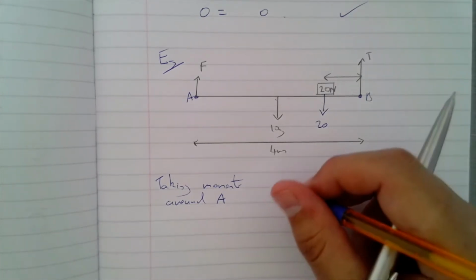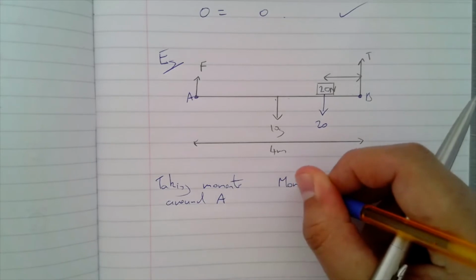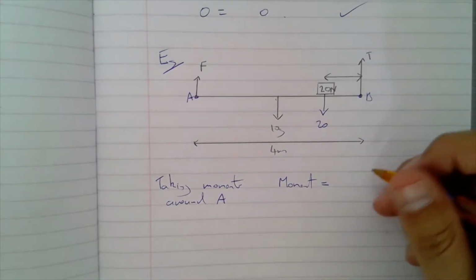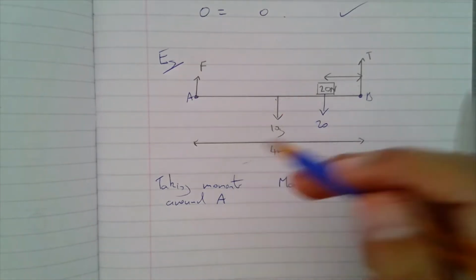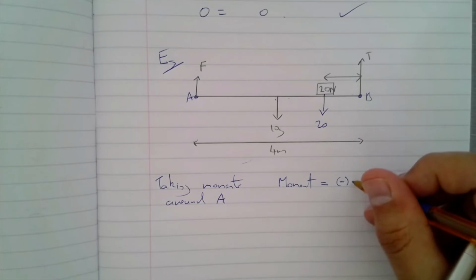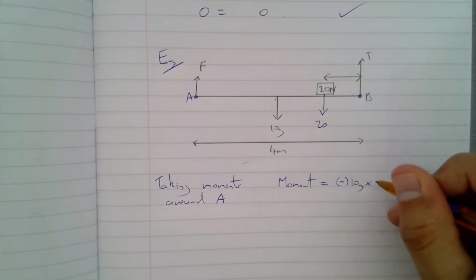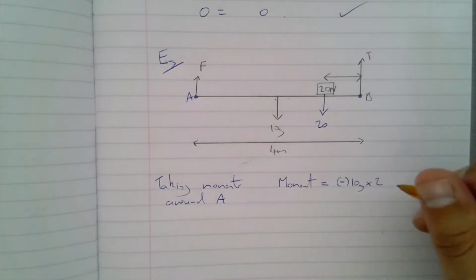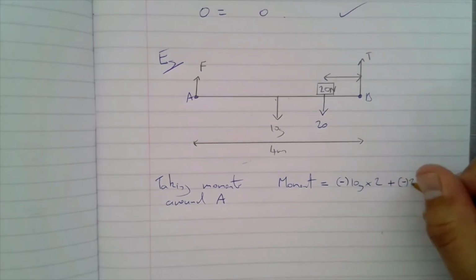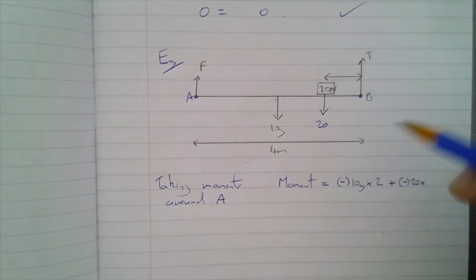So the total moment is equal to, we've got 10g acting clockwise, so that's negative 10g times 2, because it's 2 meters long. Then we've got this minus 20 acting down as well. This is 1 meter, so I should have stuck that in.